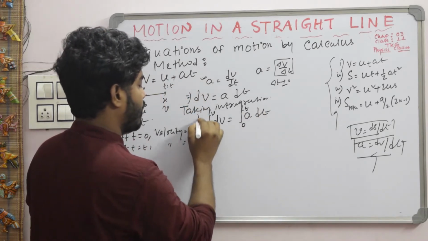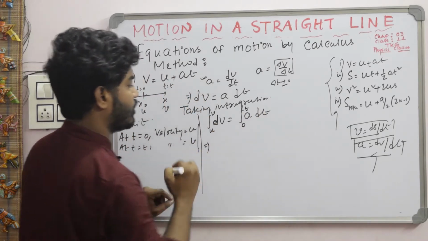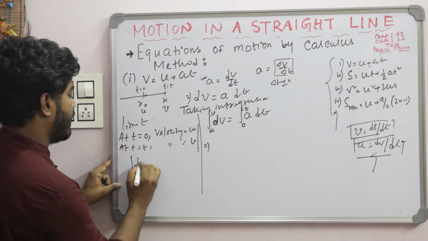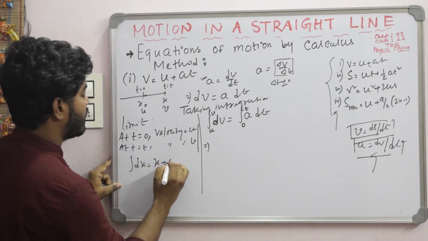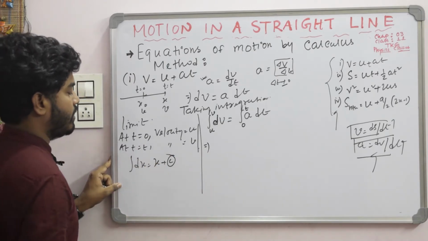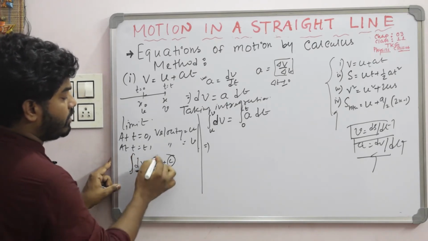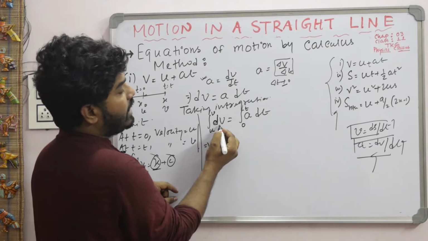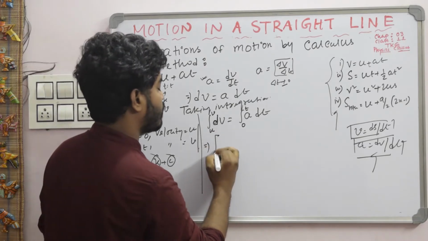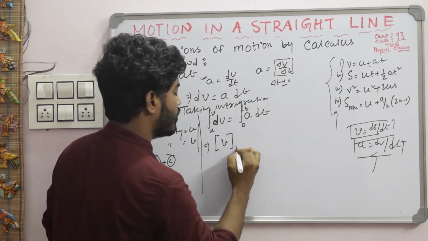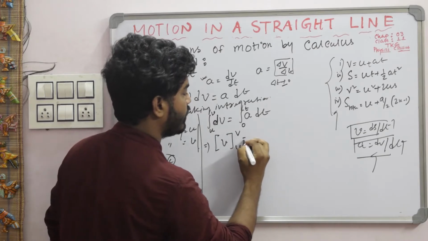Now integrate. You know the formula for integration: integration dx is x plus c, where c is the integration constant. So integration dx is x. Here integrating dv gives v, with initial value u and final value v.